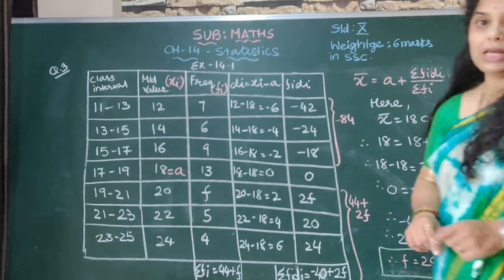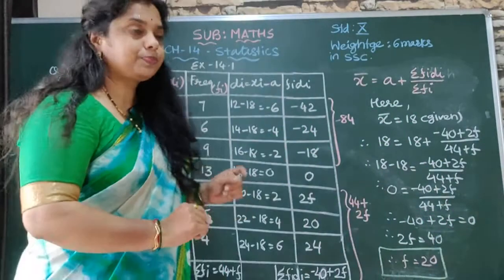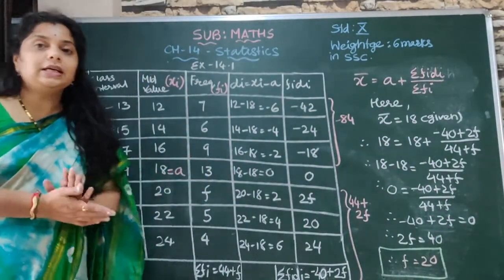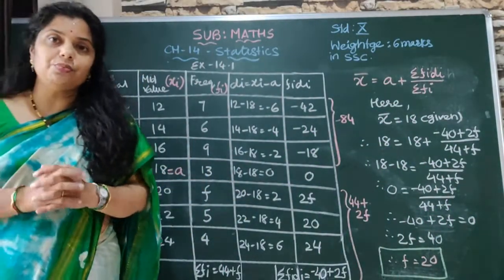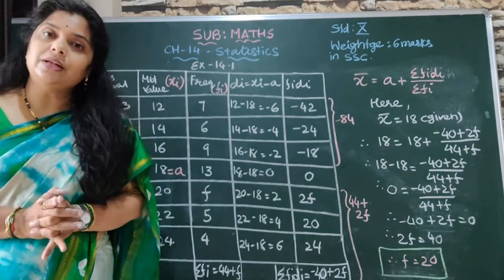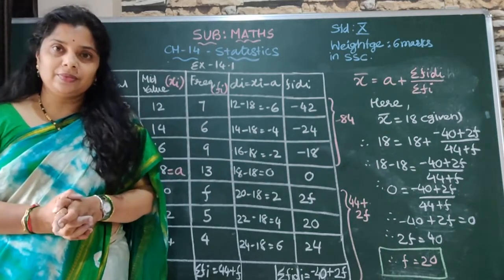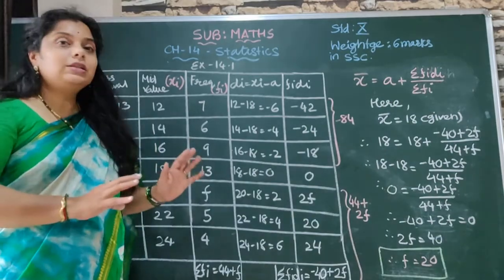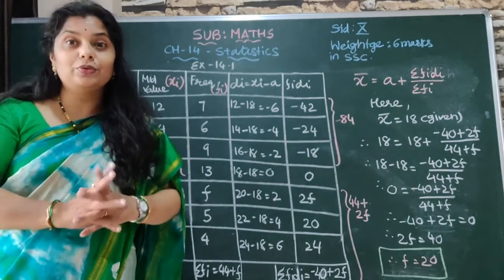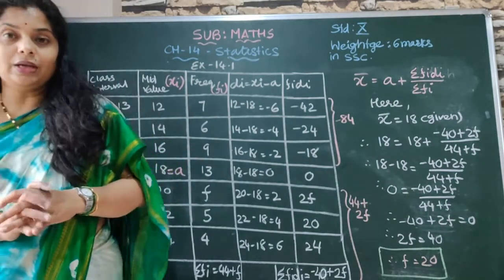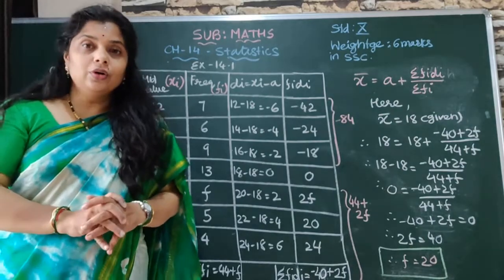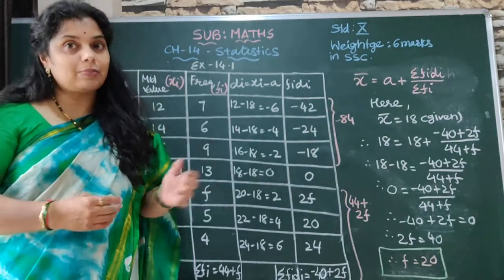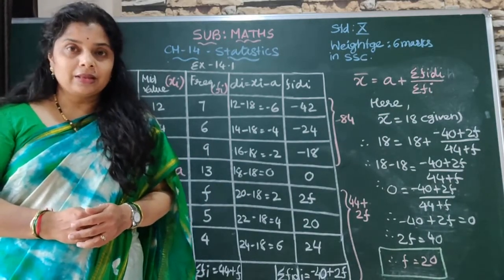So our final answer for this particular question is f is equal to 20. So the missing frequency's value is 20. Is it clear? I hope you understand all this concept better, and you are able to solve such types of questions easily after that.